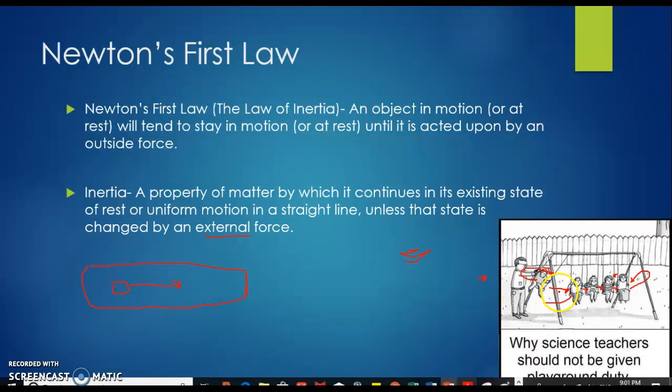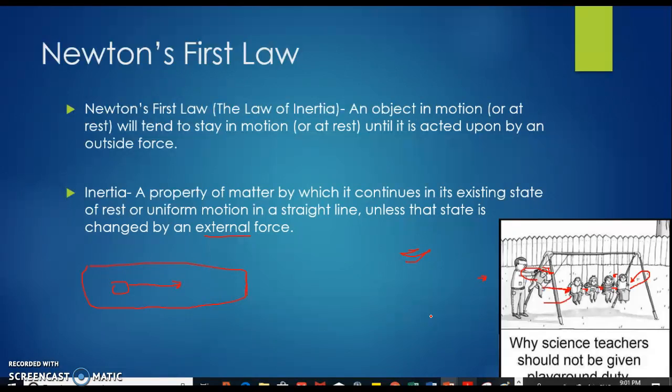So let's try to think of some of the forces acting here. When this kid hits this kid, something happens. When you hit something, there tends to be a collision, right? And that usually makes noise. So some of the energy of the kid moving is lost to noise. It changes from a state of motion into a state of noise, which is still motion.